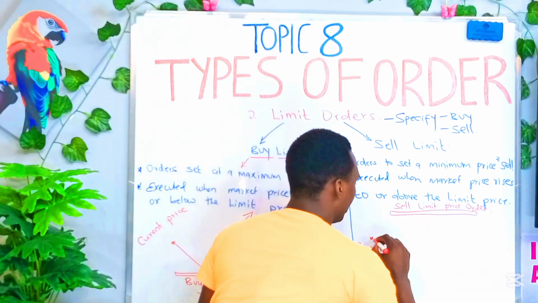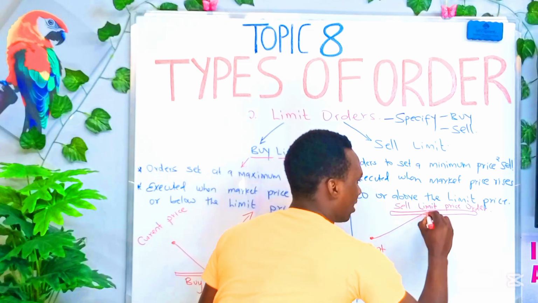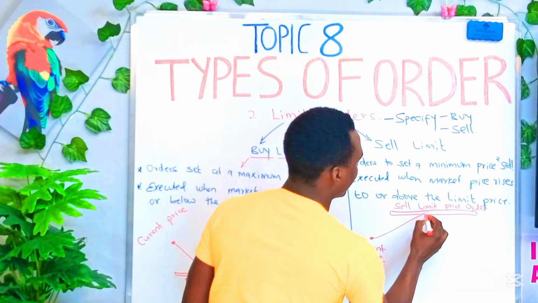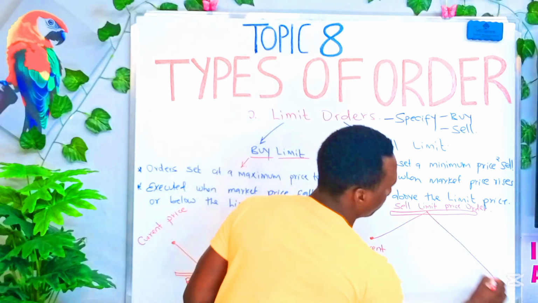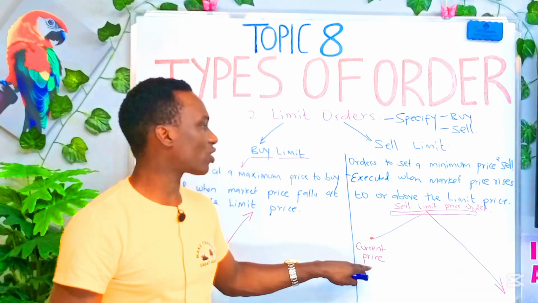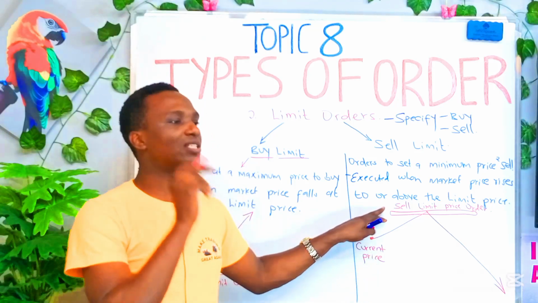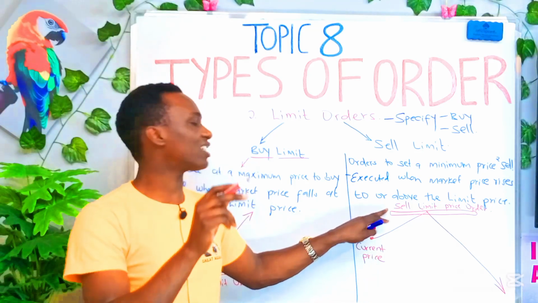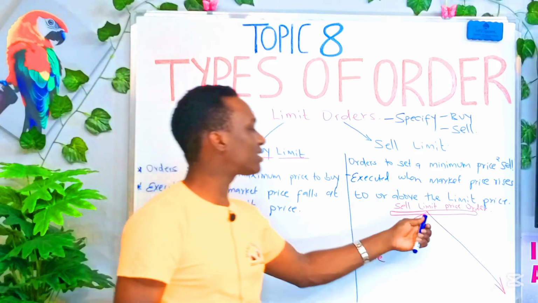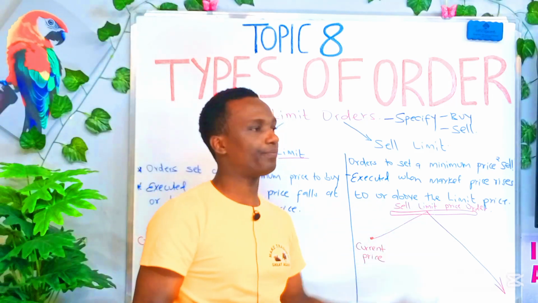So it can only be executed when the price comes around there. It gets triggered, and boom, we get our sales. These are orders to sell above a specified price.